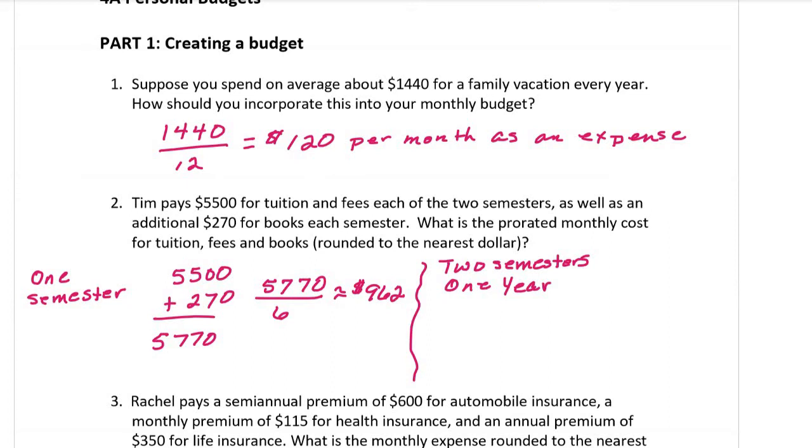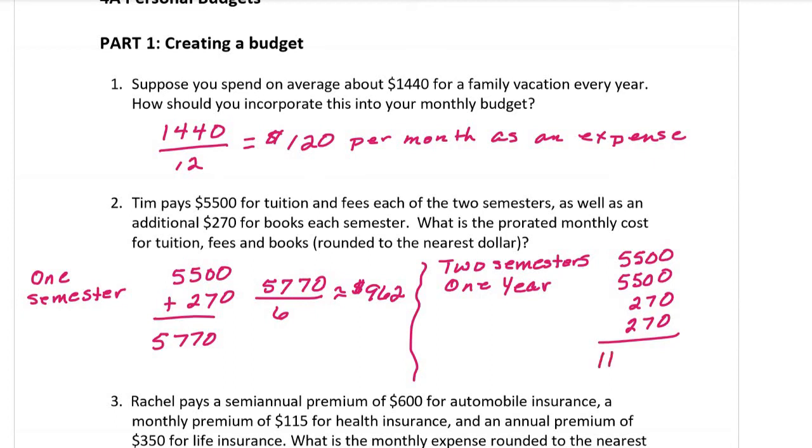Second way to do this problem is to figure out how much he pays for the whole year, which is 2 semesters, and then divide that number by 12. So he pays $5,500 for the first semester, $5,500 for the second semester, that's tuition, and then books, $270 for semester 1, $270 for semester 2.